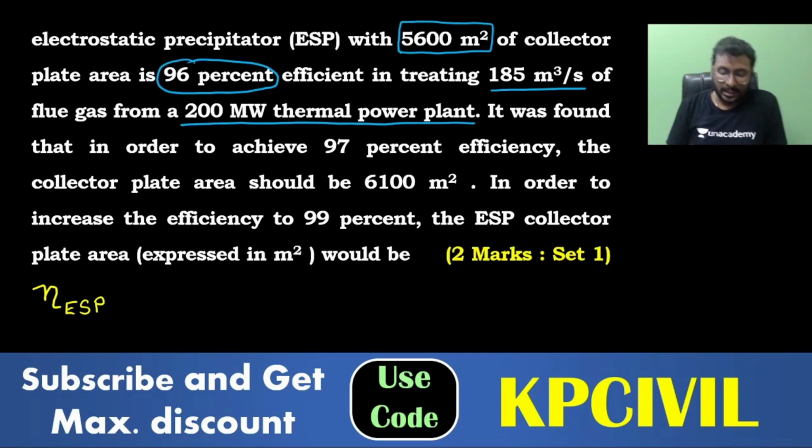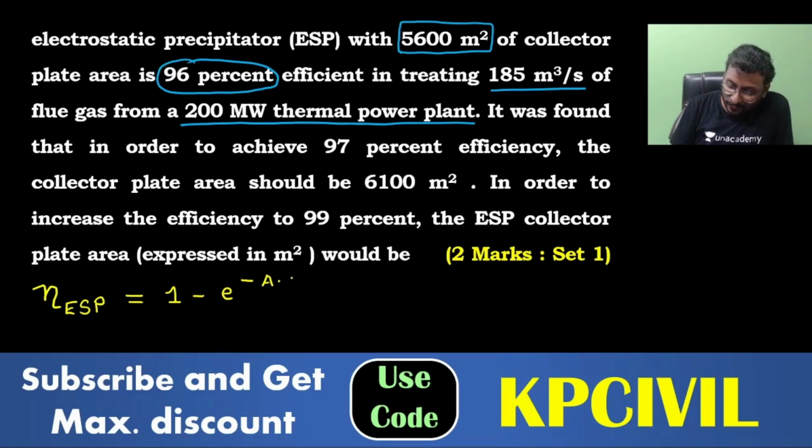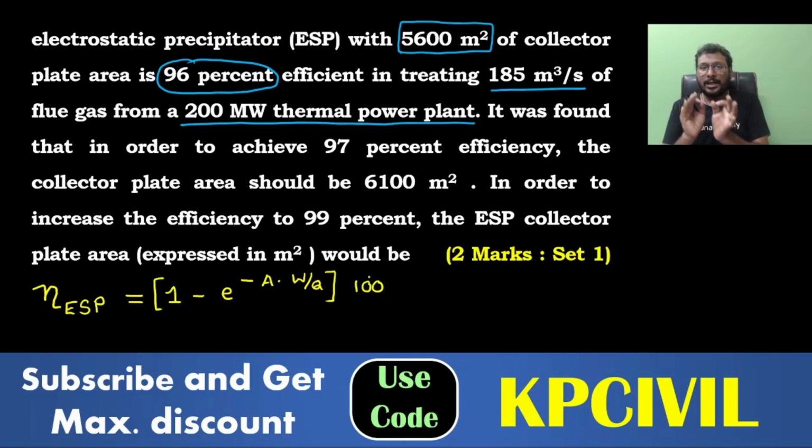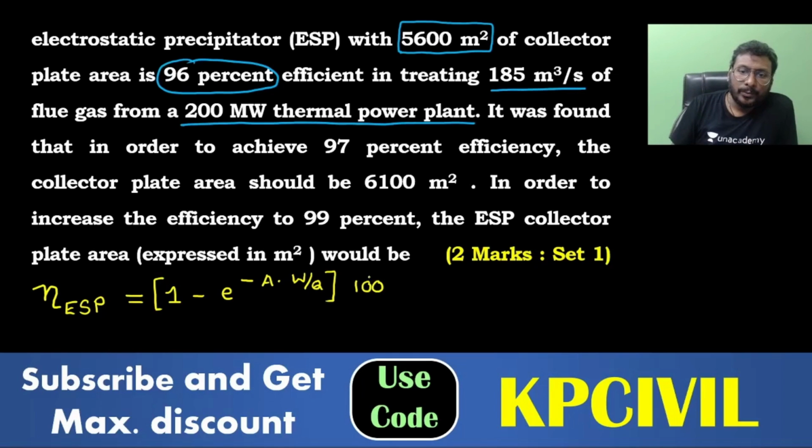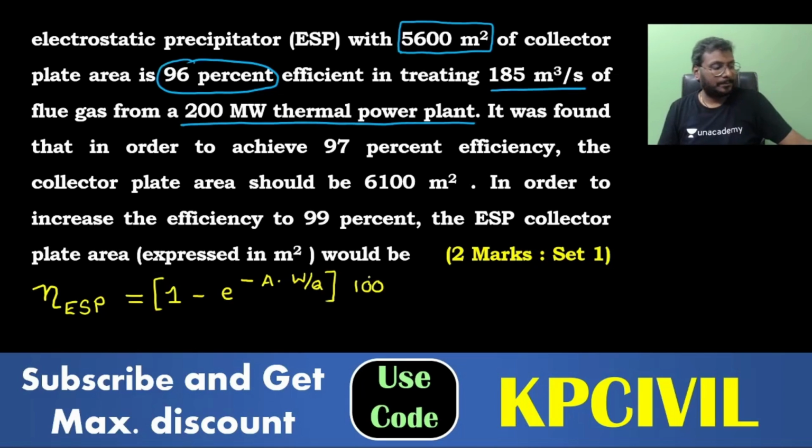Efficiency is equal to 1 minus e power minus A into W by Q, whole into 100.